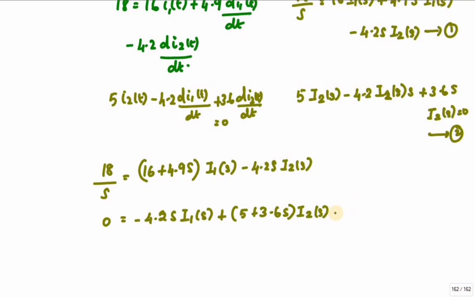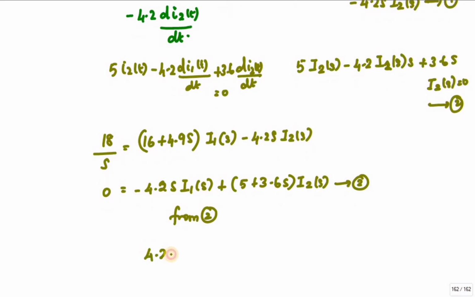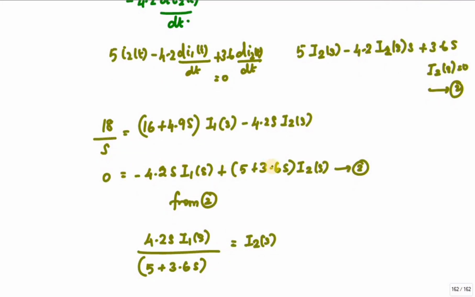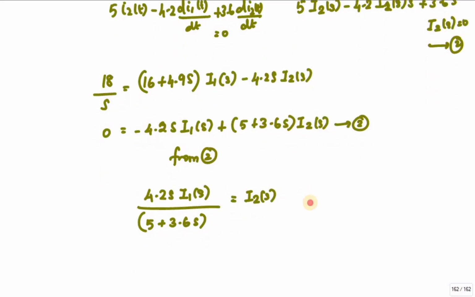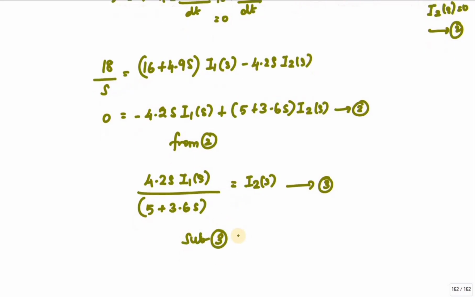In order to cancel one of these values, from equation 2 I can rearrange to get I2 of s equal to 4.2 s I1 of s divided by (5 plus 3.6 s). Substitute this third equation in the first equation.